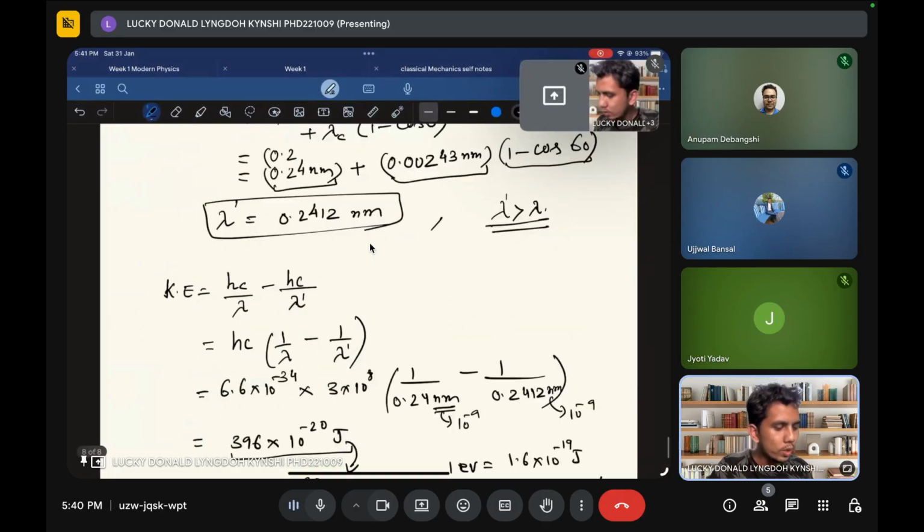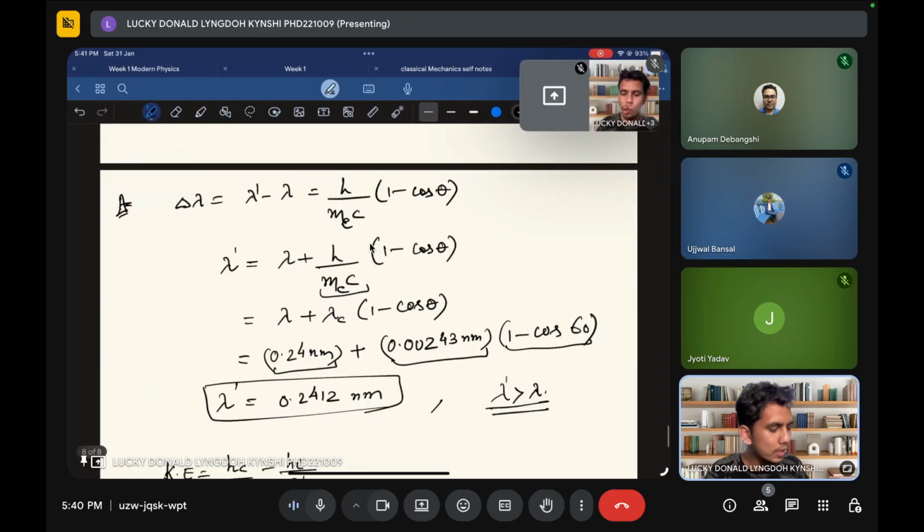What is really interesting from this problem is that if your incident photon is incident on the electron and scattered at a certain angle, here given as 60 degrees, then lambda prime, the wavelength of your scattered photon or scattered beam, has a slightly higher wavelength than your incident beam lambda. That means the energy of the scattered photon is slightly less than the energy of the incident photon.